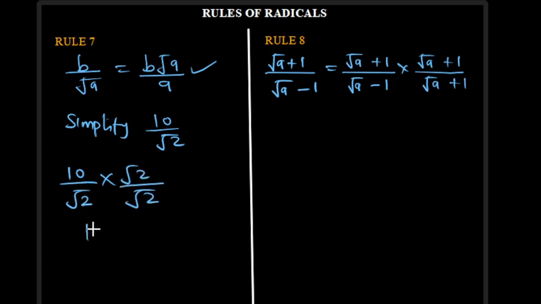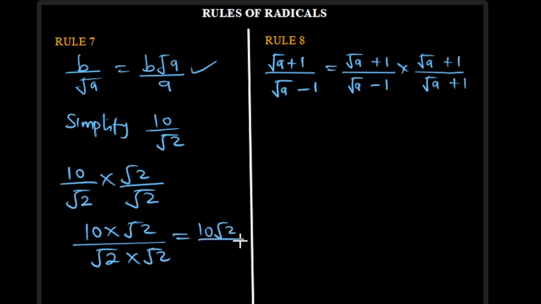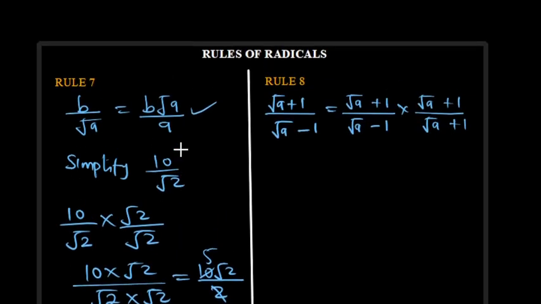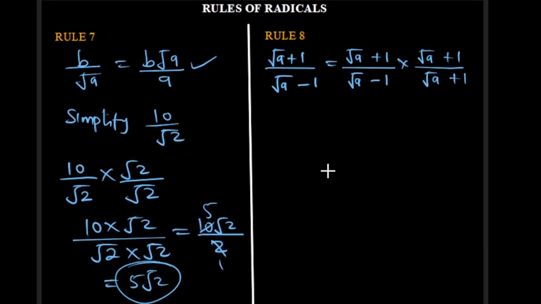So this is 10 times root 2 divided by root 2 times root 2. So this is 10 root 2 divided by 2, since root 2 times root 2 is 2. So we can cancel here: 2 into 10 is 5, and this will give us 5 root 2.